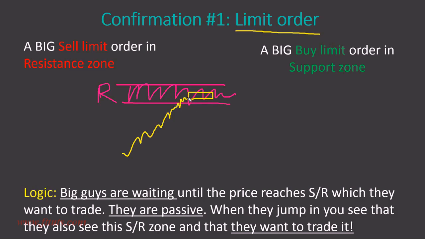So when a big limit order appears in the resistance zone, you know that some big player knows about this resistance zone and that they are interested in trading it.